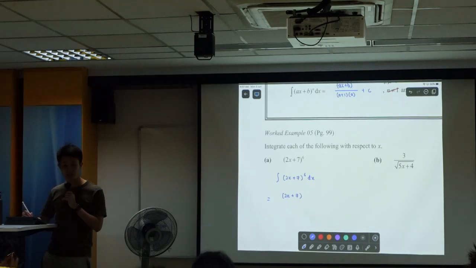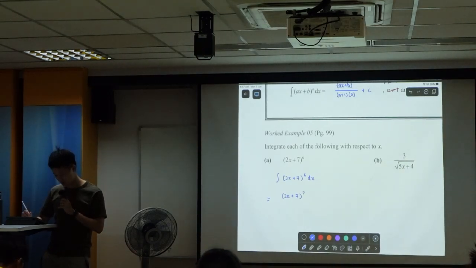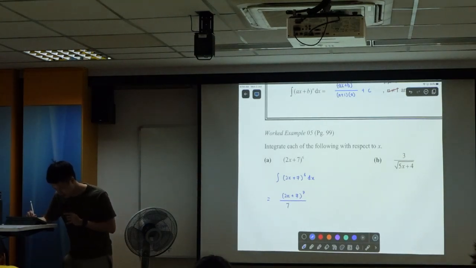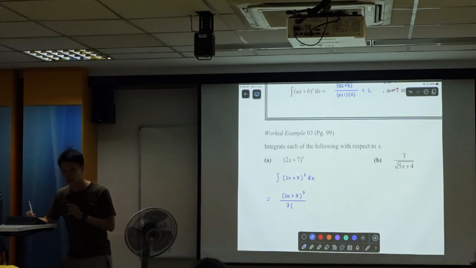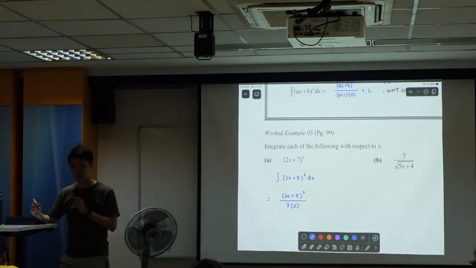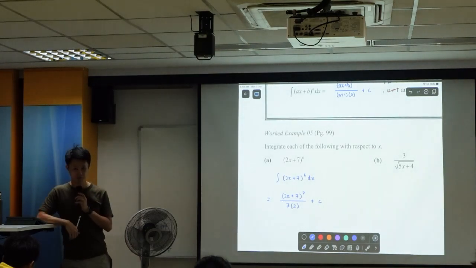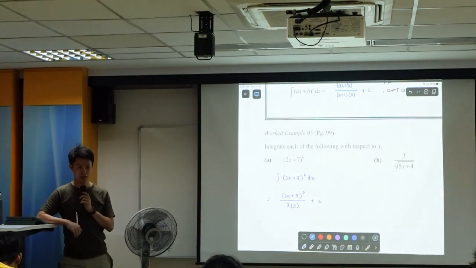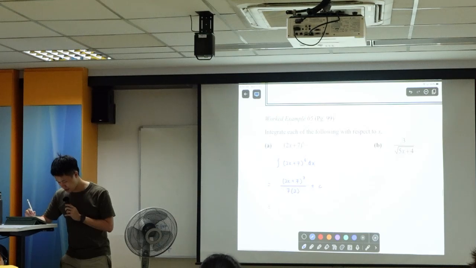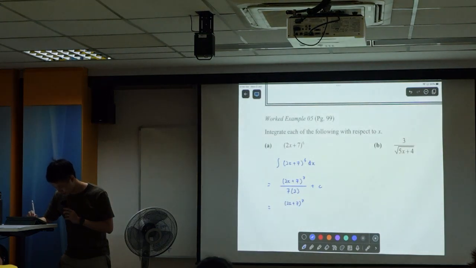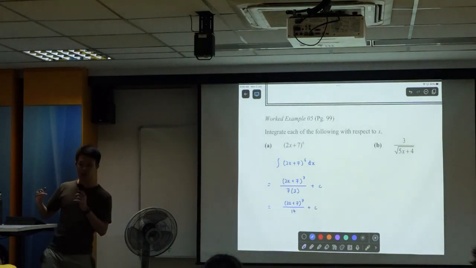But your power now is 6 plus 1, so it gives you 7, divided by the power that you just increased, which is 7, times 2, which is the differentiation of 2x plus 7, plus c. Of course you need to simplify the number. So you will get (2x plus 7) to the power of 7 divided by 14 plus c. That's all.